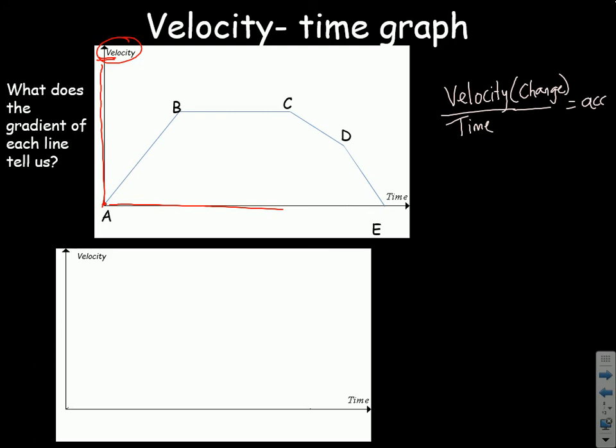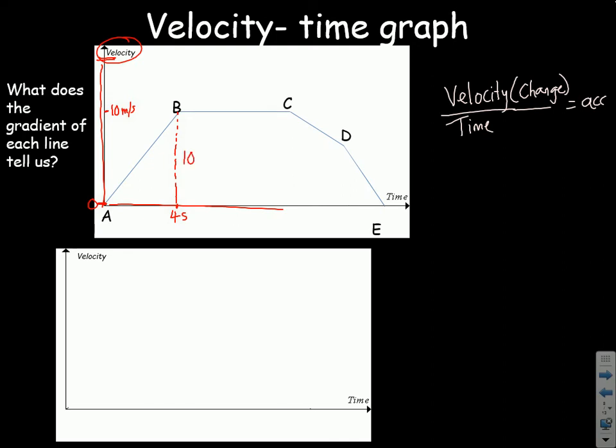So if I just put some values there, let's say that's 10 meters per second, and let's say that the time period from A to B is 0 to, let's say, 4 seconds. Just like we did with the distance time graph, we do rise over run. So our rise is from 0 up to 10.